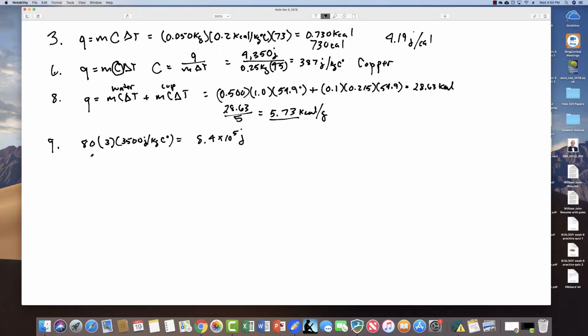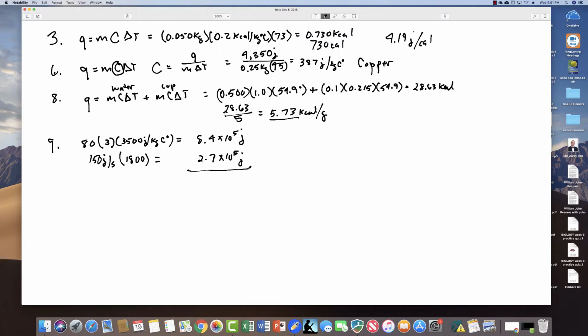Now at the same time, we are burning 150 watts or 150 joules per second, and 30 minutes is 1,800 seconds. That's 30 times 60. And that's going to equal an additional 2.7 times 10 to the 5th joules.